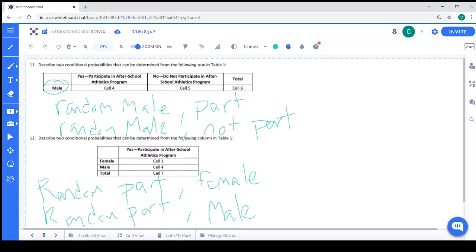Okay. If you have the total, that's the part that has to be random. And then you're trying to decide what's the probability of it meeting the other condition, that they are either female or male. And that's the reason why it's the random participant here.